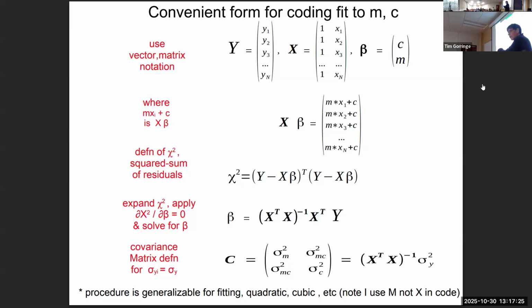If it was a fit to a cubic, then this would be a four-element vector with the best values for the coefficients of all the terms in that cubic polynomial, the offset, the slope, and so on and so forth. So this procedure, we're just going to write it down for a linear straight line fit, but it would be easy for you to extend it to a quadratic or a cubic.